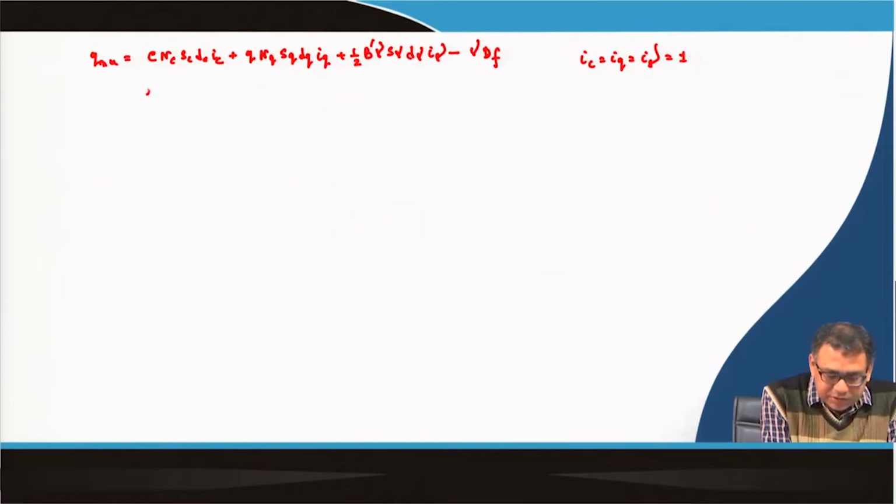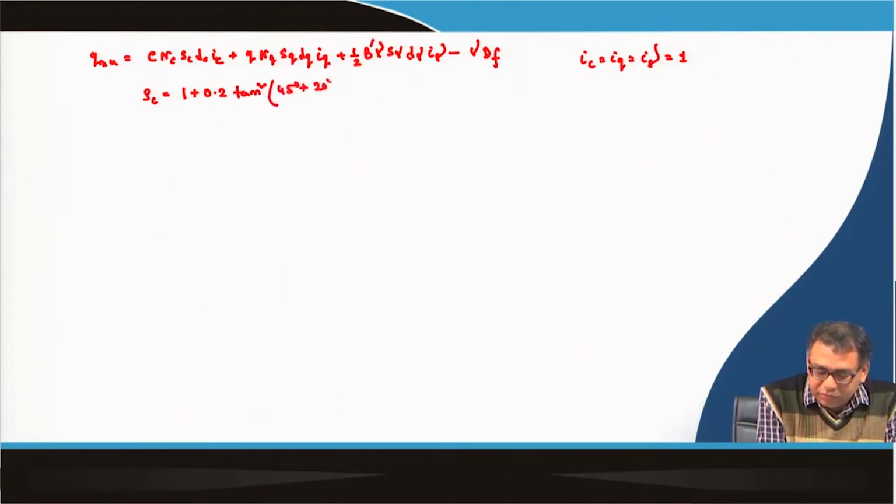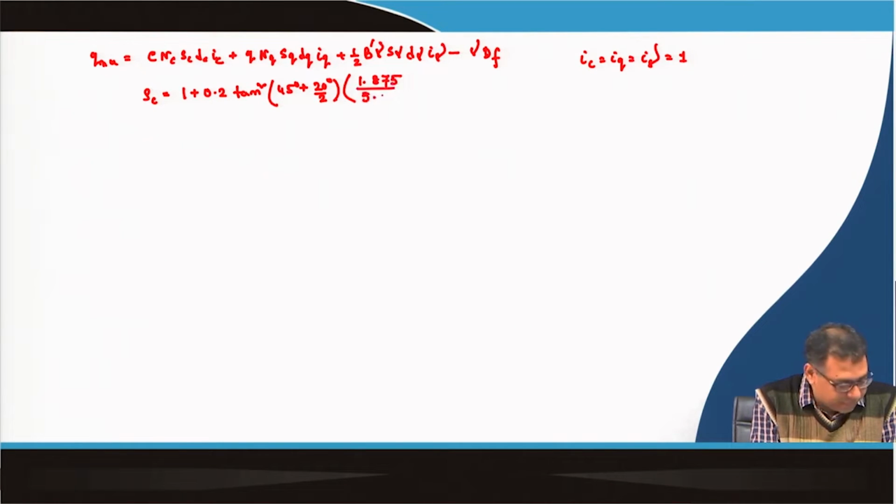So, Sc equation is equal to 1 plus 0.2 tan square of 45 degree plus phi by 2, which means 20 degree by 2, and that is B dash by L dash, and B dash is 1.875 and L dash is 5.28. Okay.